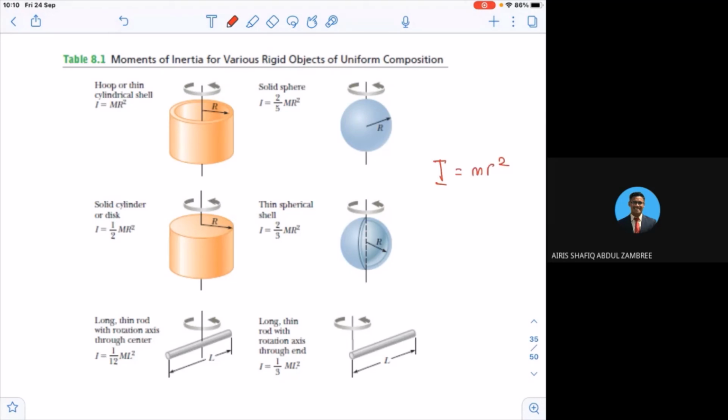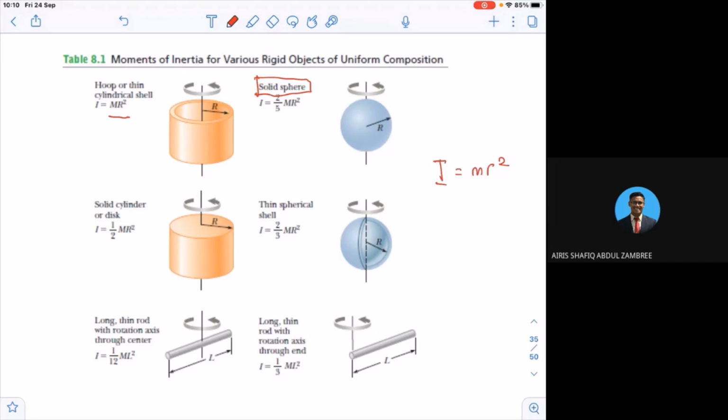But if you have uniform objects, for example a solid sphere, like a marble, or a hoop or thin cylindrical shell, which is hollow inside, that is I equals mr squared.